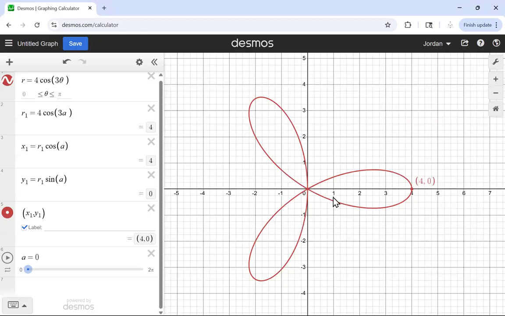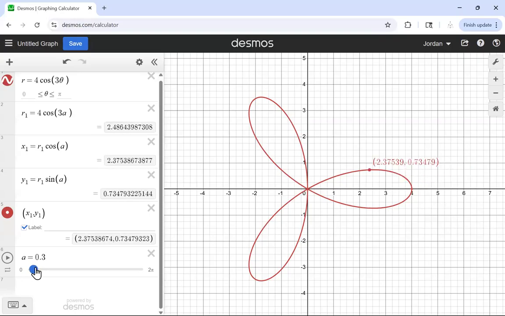It might not look like that if you draw it on the TI-84, but they do in fact all have the same area. So it doesn't matter which loop we go from. I'm going to go from where we hit the pole or the origin, and I'm going to trace one loop out, doesn't matter which one, and then go to the next place where we hit the pole or origin.